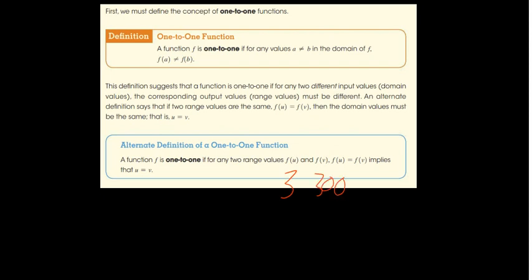If f of u is equal to f of v, so if f of 3 is equal to f of 300, well, actually that's not a good example at all. Well, it's not terrible because the implication would be that u is equal to v, and of course u is not equal to v there. So obviously my idea here is incorrect, but the definition isn't terrible.